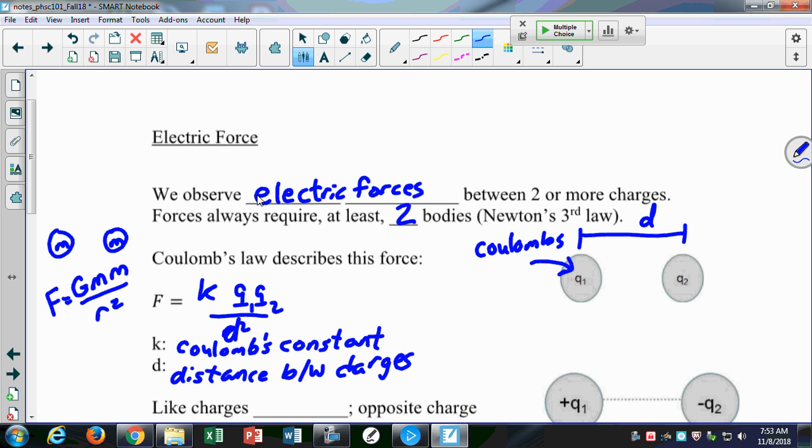You're not going to have to actually calculate the force, but I do want you to understand what happens when some of these quantities change. For example, if I increase the value of q here by a factor of 2, what does that do to the force between the two charges? It's going to go up, right? Whenever I do these type of problems, I like to write out my equation.